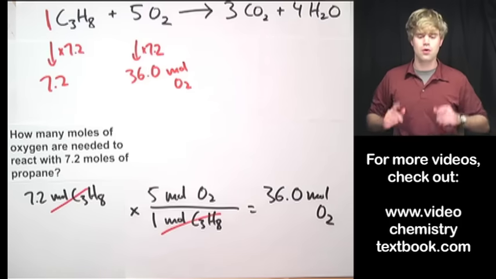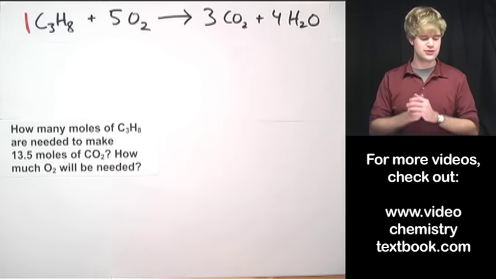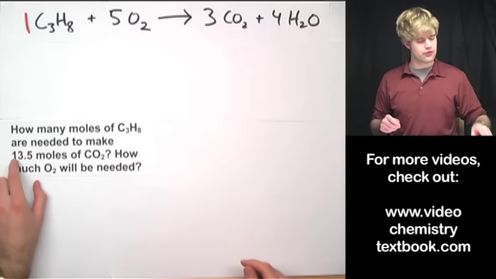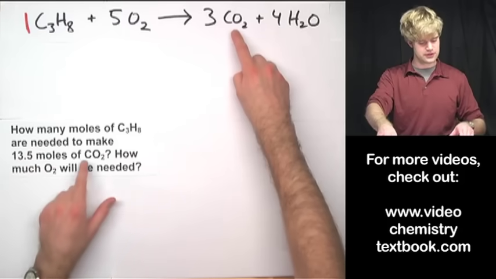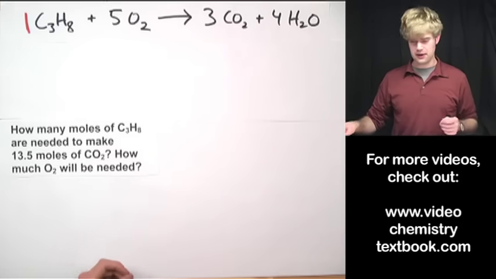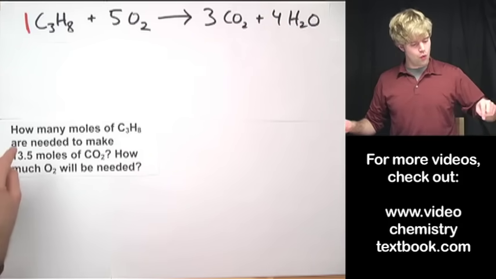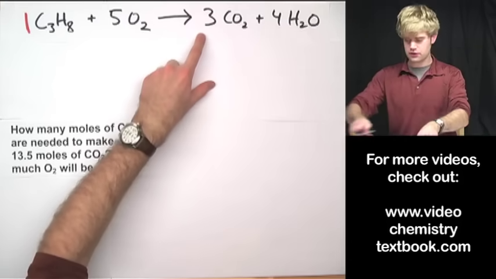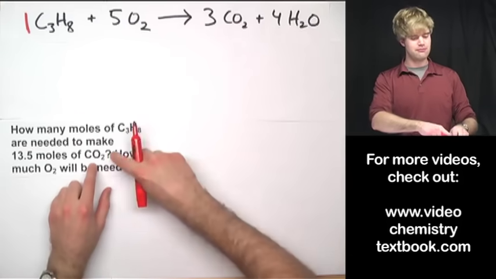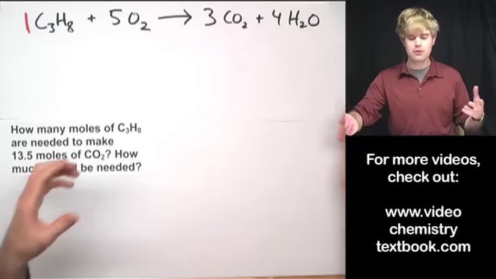Okay? 1 more. Our last one. How many moles of propane are needed to make 13.5 moles of CO2? In order to do that, how much O2 will be needed? Okay? What do we have to do to our equation right now in order to make it 13.5 moles of CO2 instead of 3 moles of CO2?